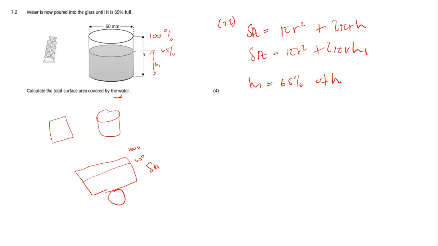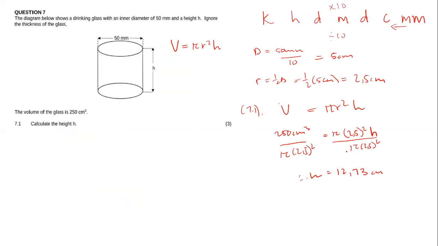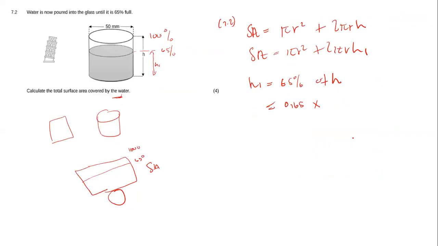So h1, from here to here, we take 65% of the original height. 65 divided by 100 is 0.65, right? Multiplied by the height h. We said that the height h was 12.73 centimeters.